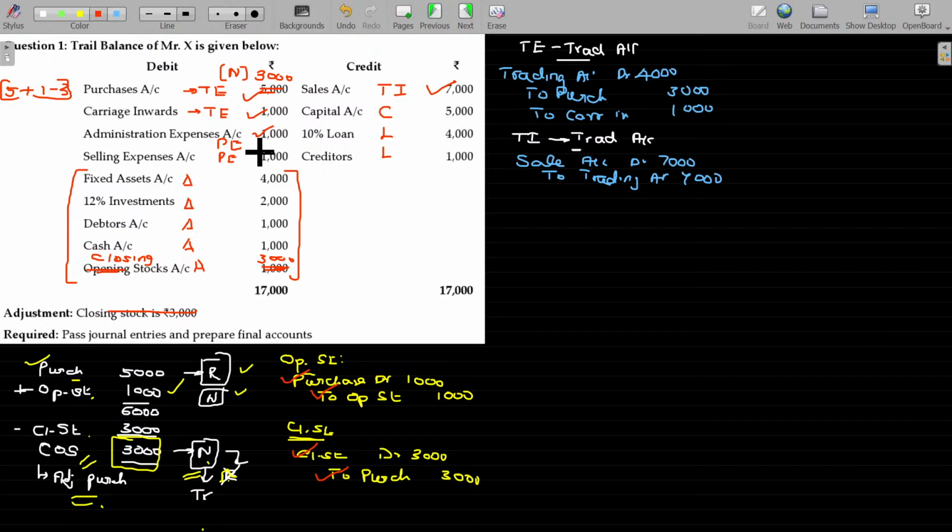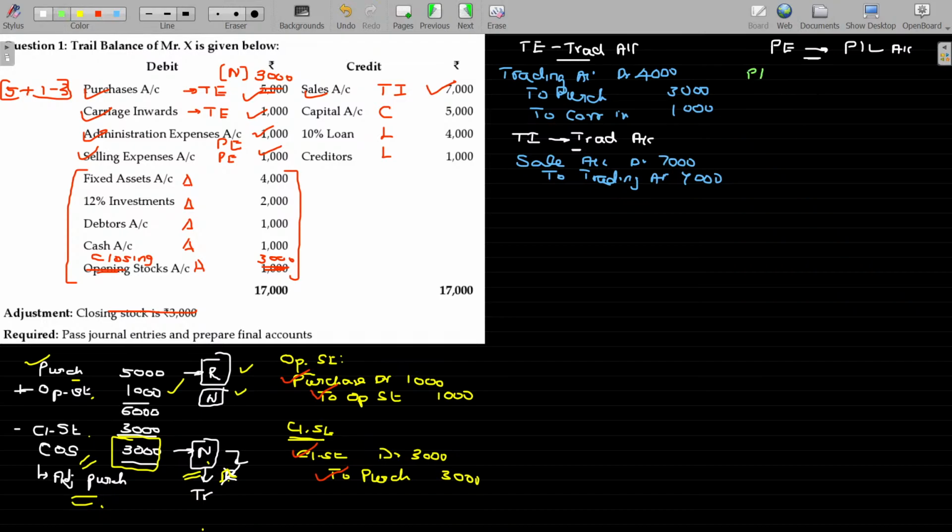Now, these two are going to be recorded: administration expenses and selling and distribution expenses. These are profit and loss expenses, transferable to the profit and loss account. Where these two are expenses, debit balances can be cancelled by crediting, and they are transferred to the P&L account. So I am going to debit the P&L account.